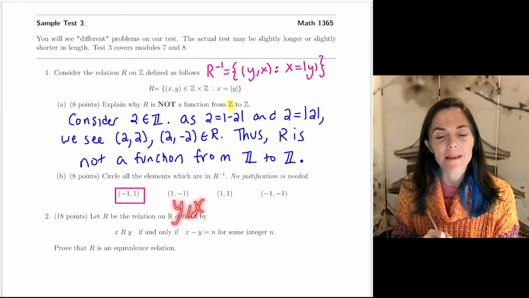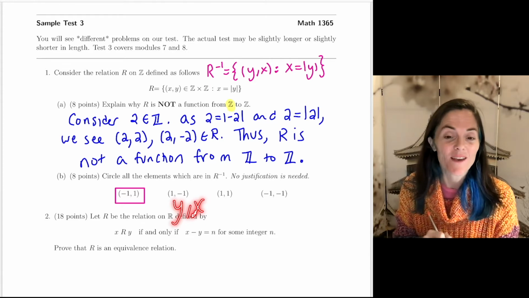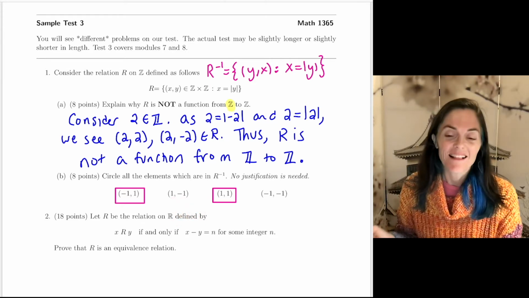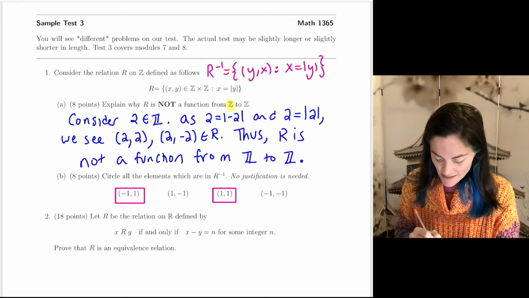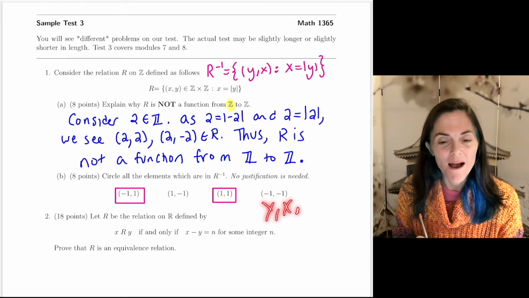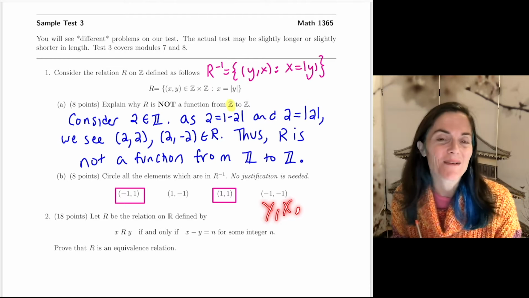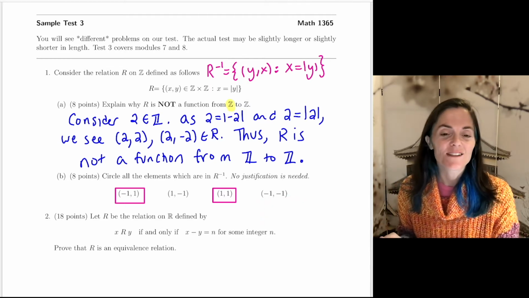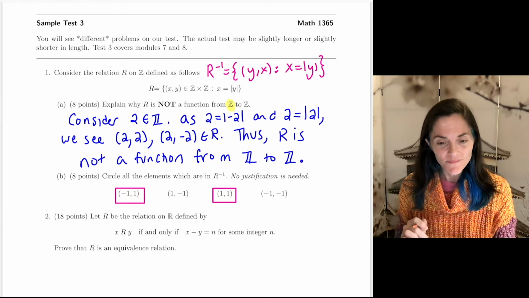No, because -1 is negative. It's not the absolute value of anything. This one's okay. And then the last one is definitely not the case. Would this be y x such that x is the absolute value of y? Once again, no, because -1 is not an absolute value. And so here are our two answers here.